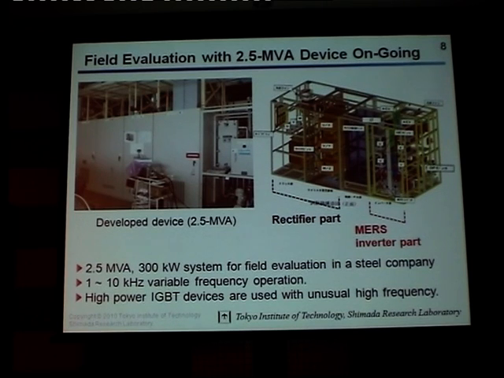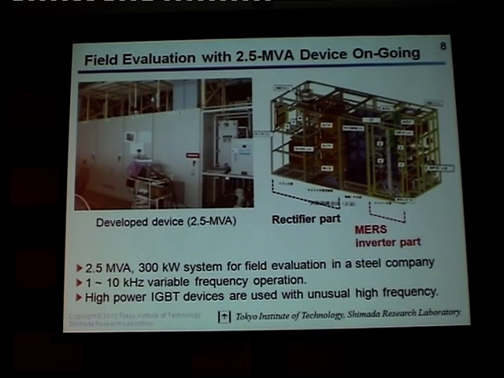And this is a professional product rated at 2.5 megawatts. The photograph is here, and this is a schematic view of the inside of the power converter. 2.5 MVA and some 300 kilowatt system for field evaluation in a steel company. The frequency can be changed from 1 to 10 kilohertz, variable frequency operation.